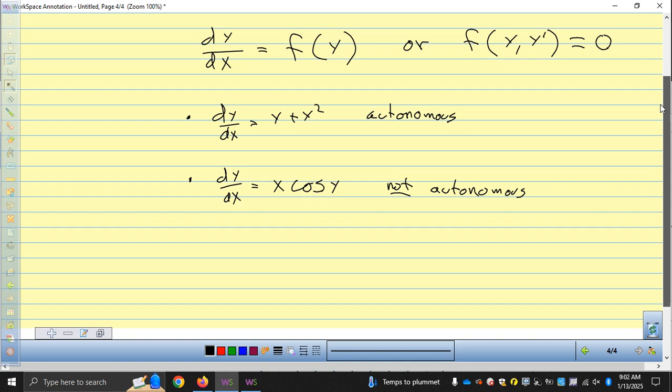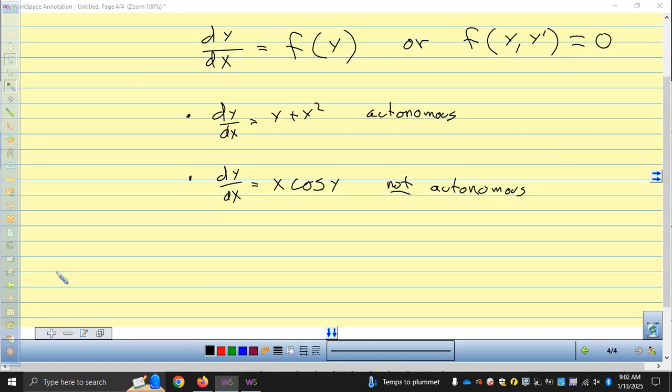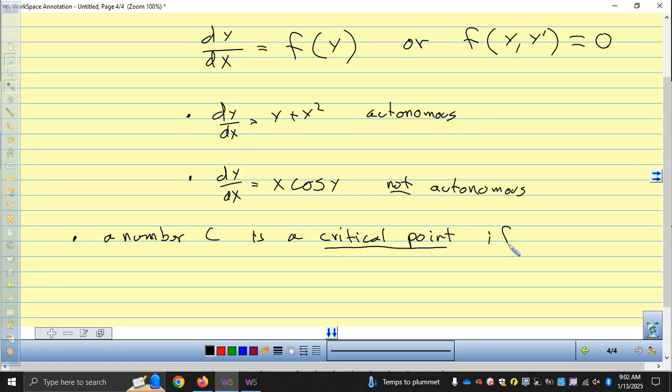Autonomous differential equations are nice because we can say a number C is a critical point if f of C equals 0.